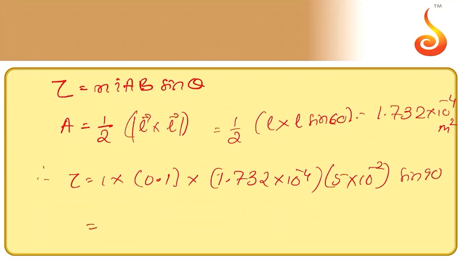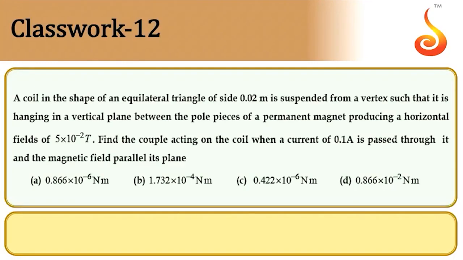So this turns out to be 0.866 into 10 to the power of minus 6 Newton meter. So this is the expression for the torque. So the torque is 0.866 into 10 to the power of minus 6 is the correct choice.